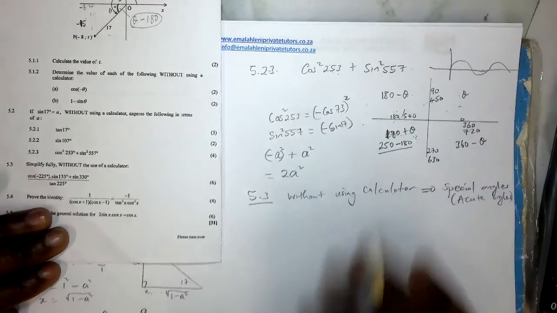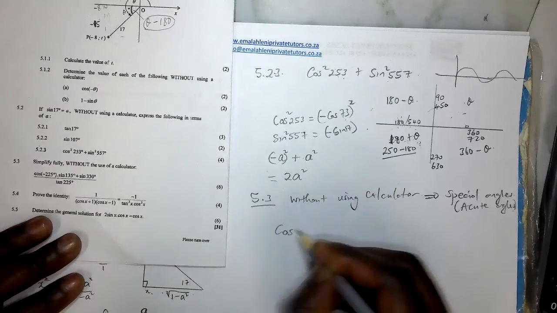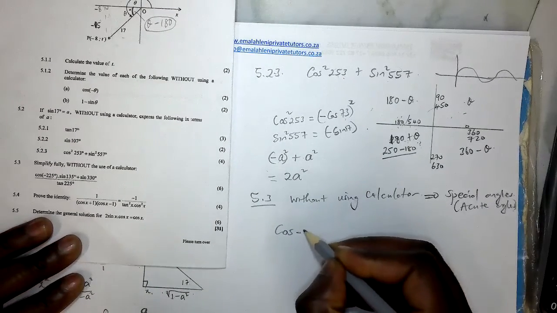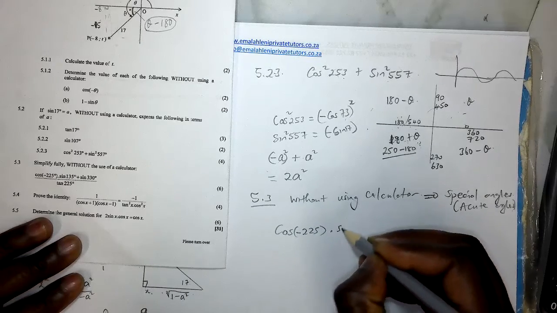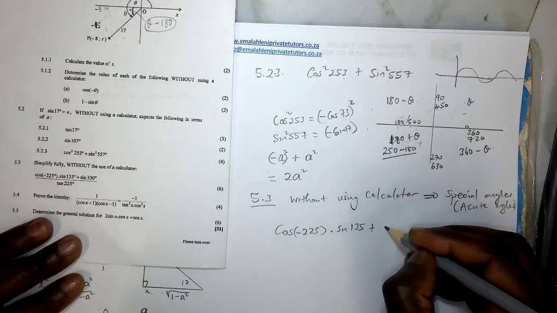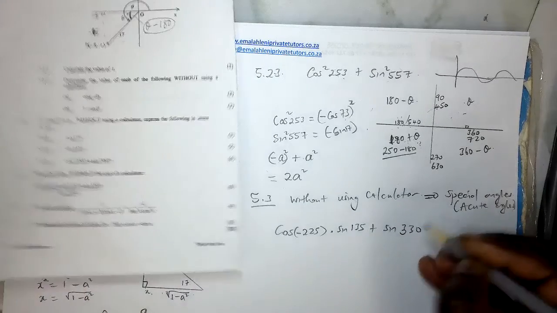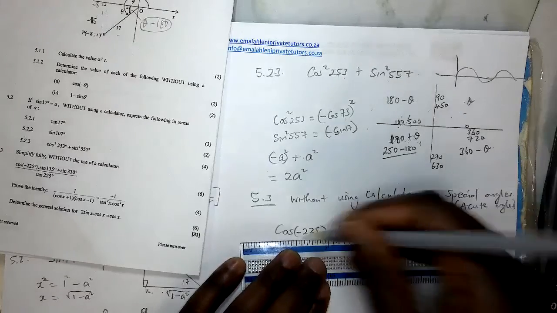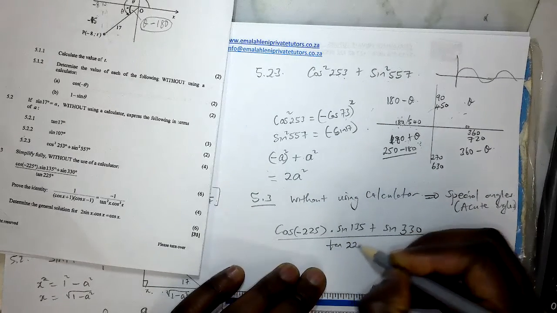But let's come to our question. It's giving us cos negative 225 sine 135 plus sine 330 over tan 225.